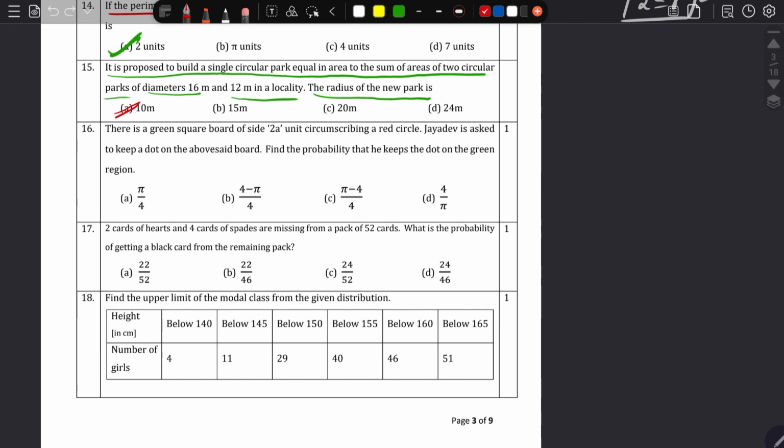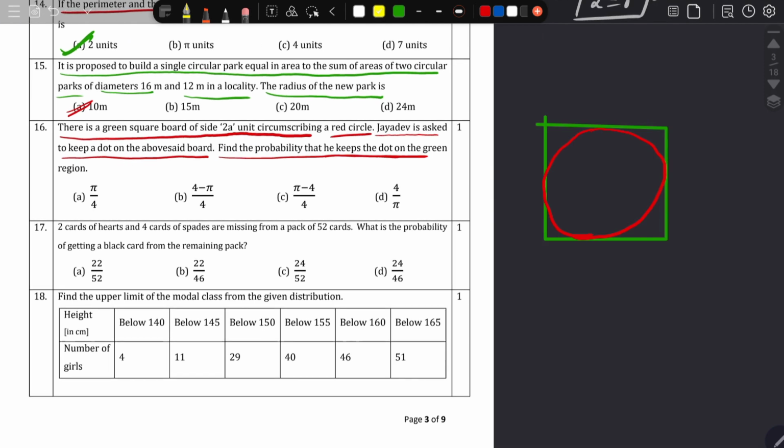Question number 16. There is a green square board of 2a units circumscribing a red circle. Jaidev is asked to keep a dot on the above said board. Find the probability that he keeps the dot on the green region. So the dot has to be kept on the green region.